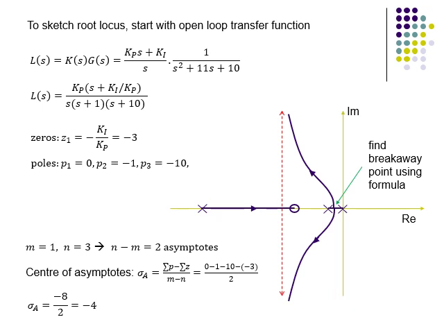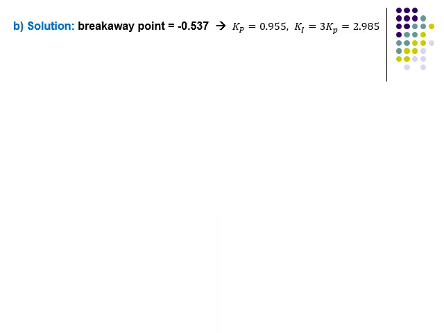I'm not going to go through the details of using the formula now. If we've applied Rule 4 correctly, we find that the solution for the breakaway point is the value minus 0.537.